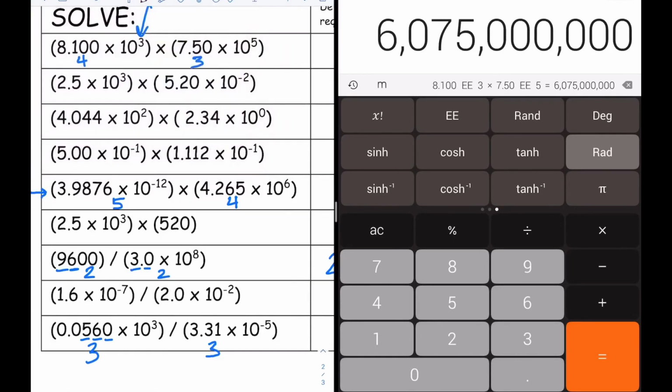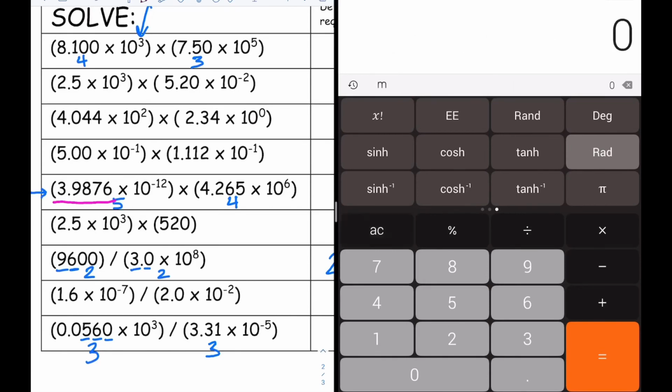Okay, so now we're looking at this one right here, 3.9876. So that's what we're going to enter into our calculator. So 3.9876 exponent 12. And this time we have a negative number.